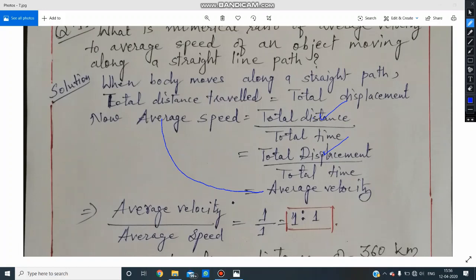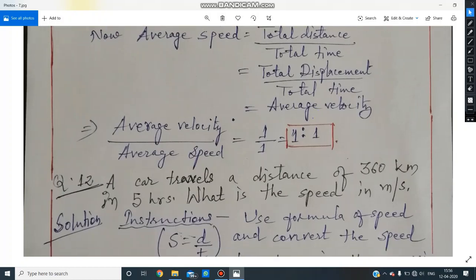In that way, if you take out average velocity by average speed, it will definitely come to be 1 by 1, and that is 1:1. So the answer to the situation is that the ratio of average velocity to average speed is equal to 1:1.